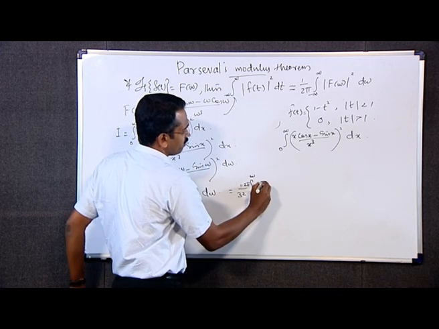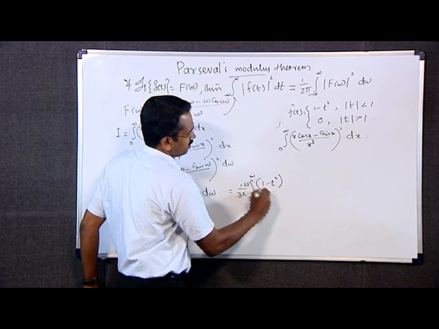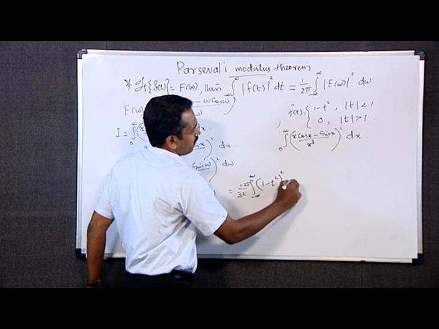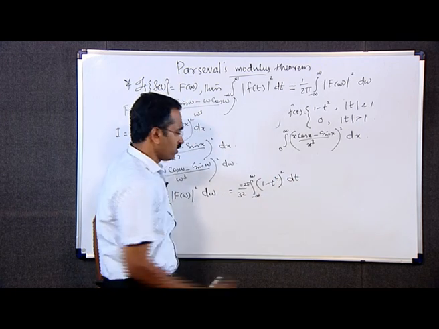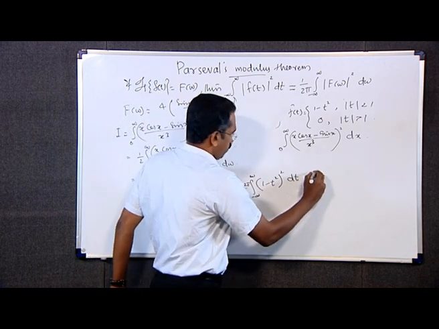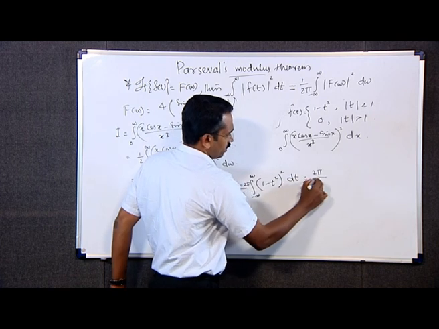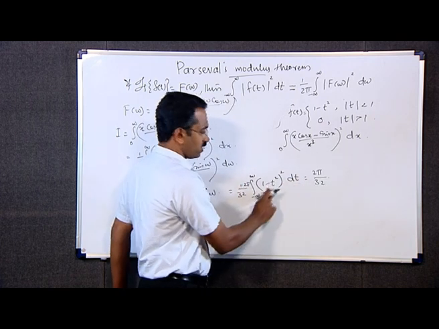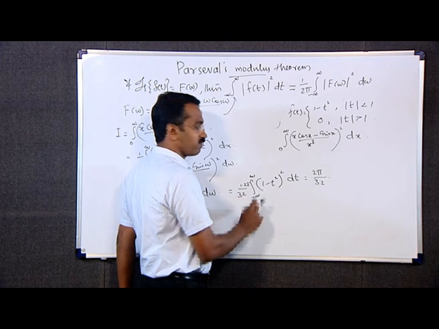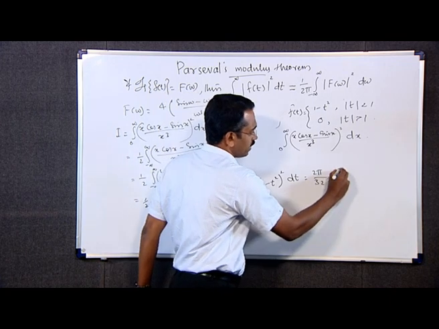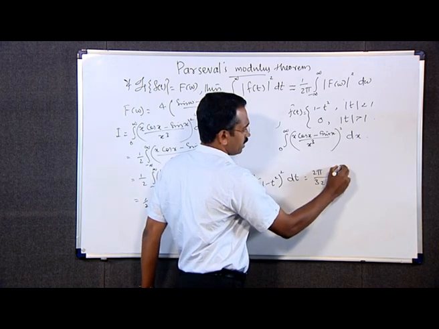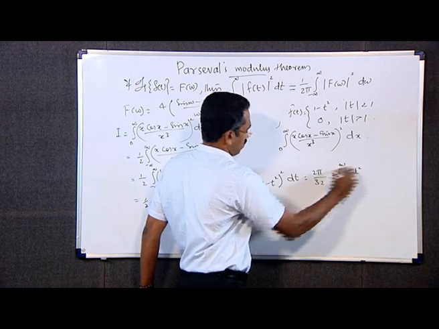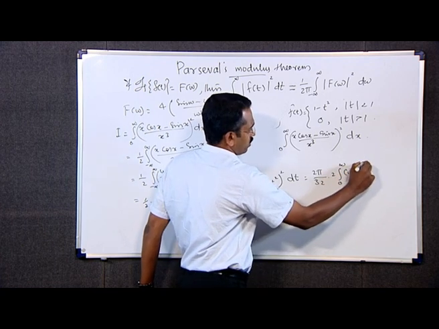Here f of t is defined as 1 minus t square, which is equal to 2 pi divided by 32 into, this integrand is an even function. Therefore, we can write 2 times integral 0 to infinity of (1 minus t square) the whole square dt.